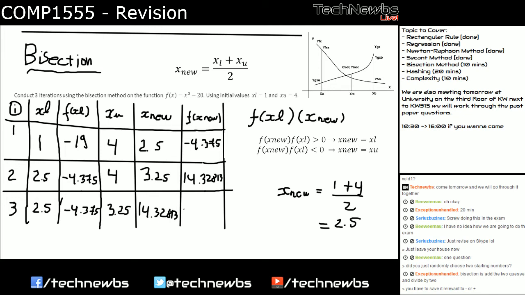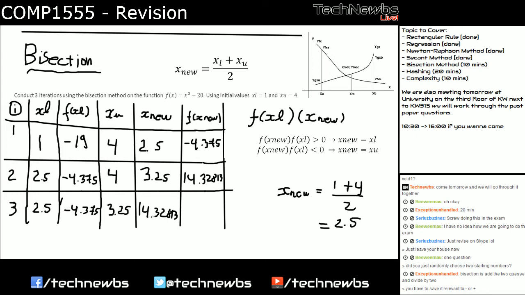So that value cubed minus 20 is... wait, did I miss something? Oh, okay. 3.25.